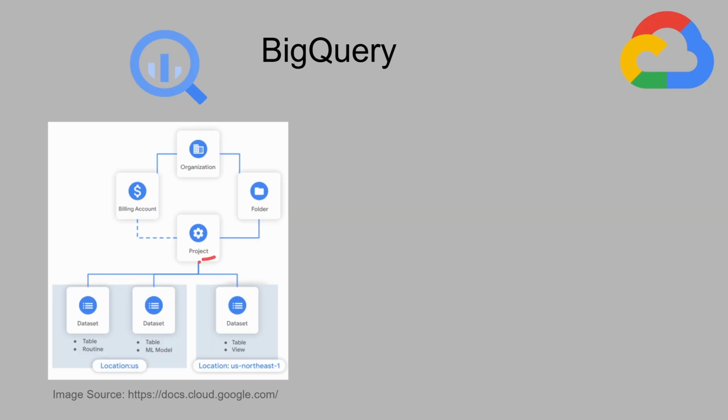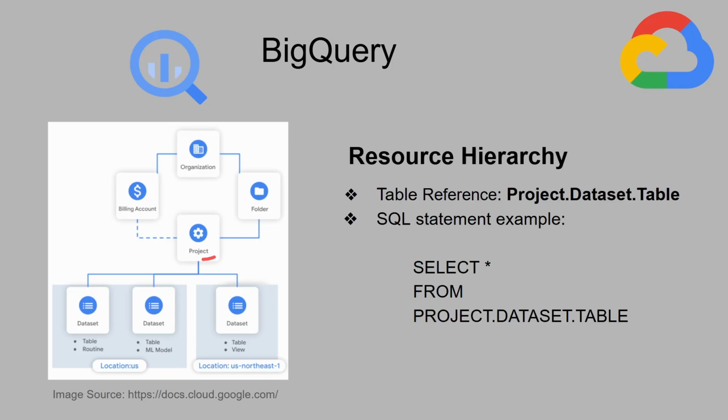Under a project, you create datasets. Datasets are logical containers that are used to organize and control access to your BigQuery resources like tables and views. Every dataset has a location, and you cannot change this location once the dataset is created.